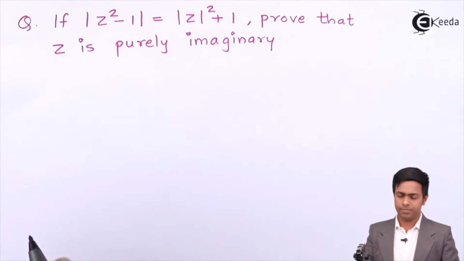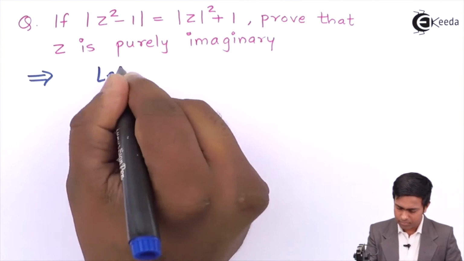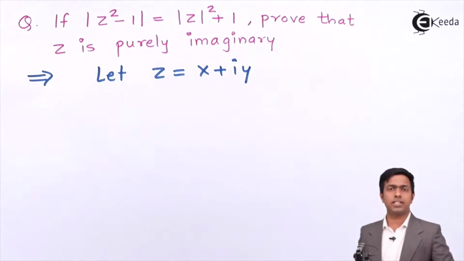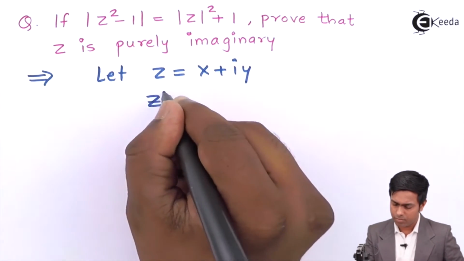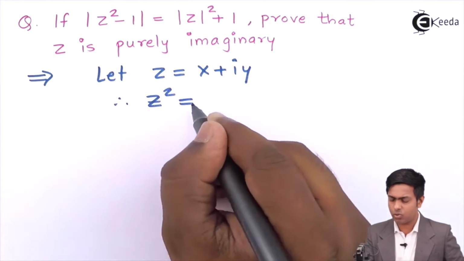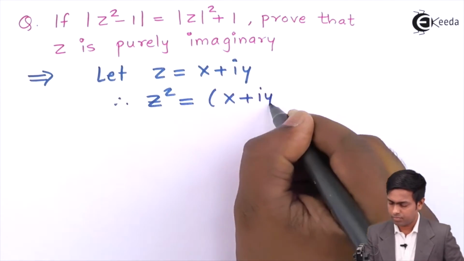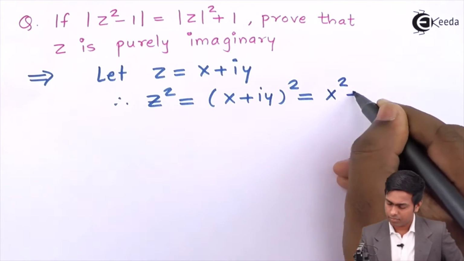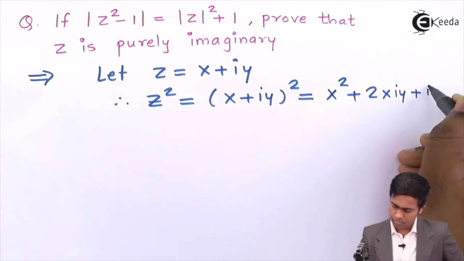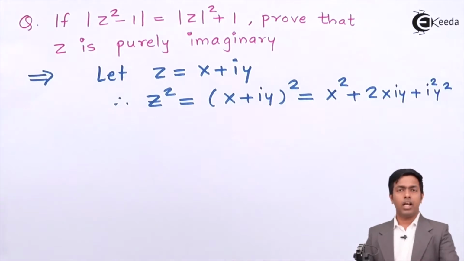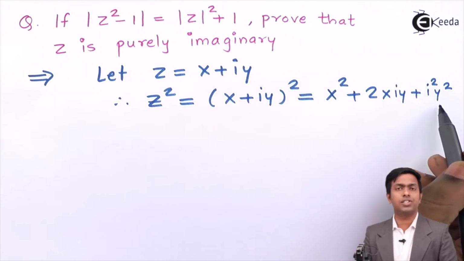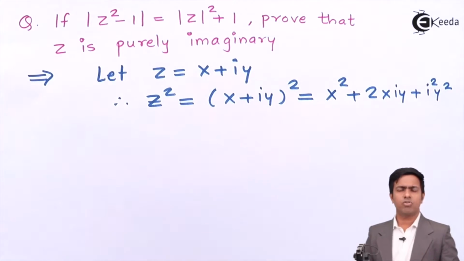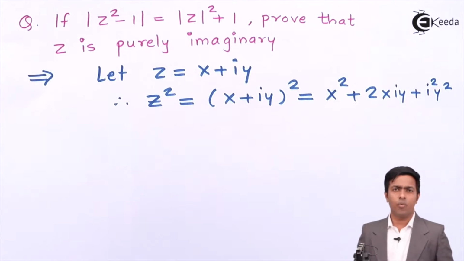So here I'll say z is x plus iy. Therefore z square becomes x plus iy the whole square. Now in this expansion the value of i square is minus 1, as we have seen in the previous videos.